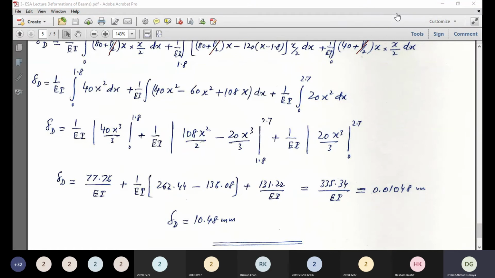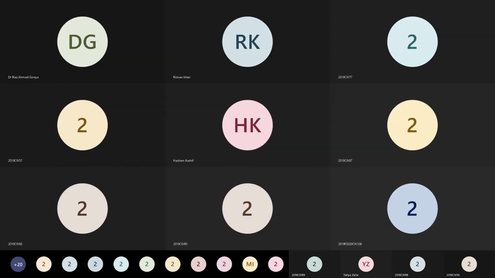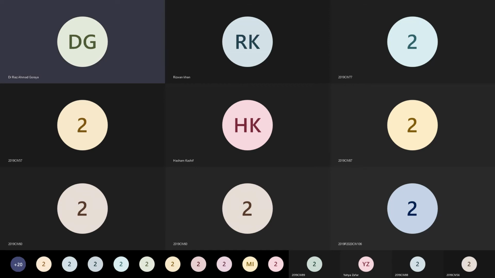So yesterday I uploaded one numerical problem related to the deflection of beams. Have you seen that? I think none of you. So I'm going to share the screen of that.